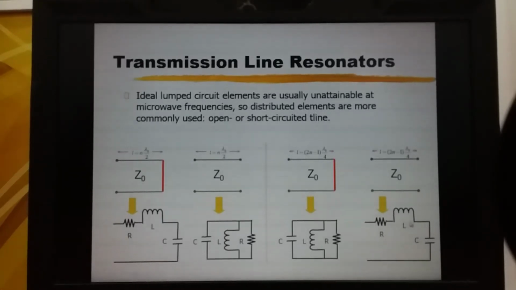The use of transmission line to make resonator is advantageous at microwave frequency because we can get a much higher Q than the construction of inductor in series with capacitor or inductor in parallel with capacitor.